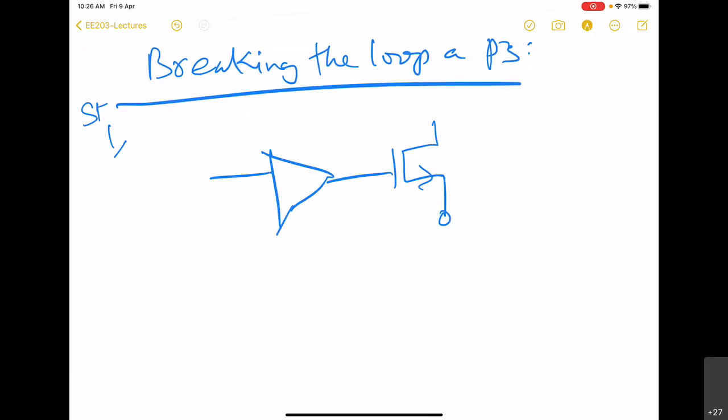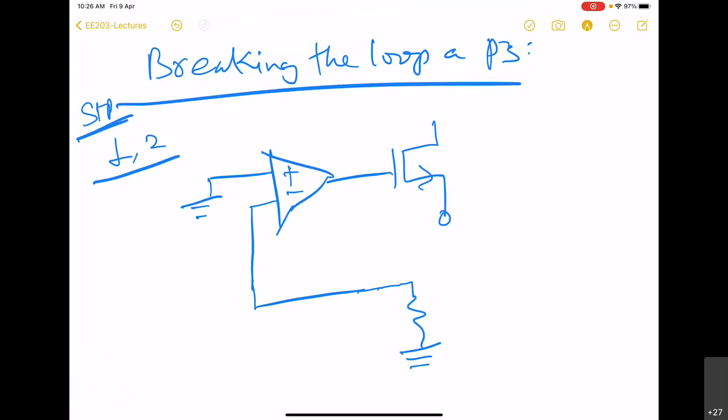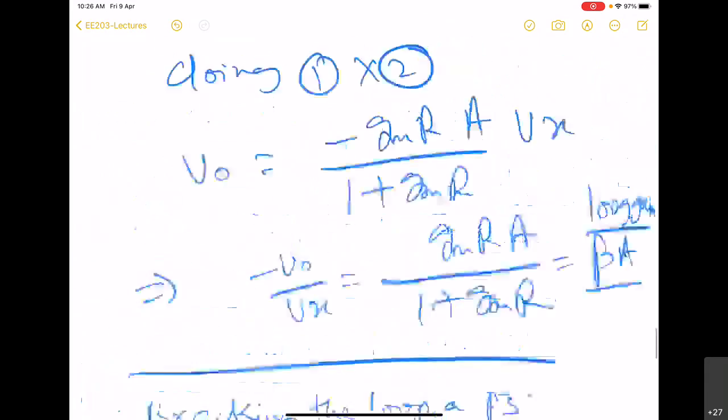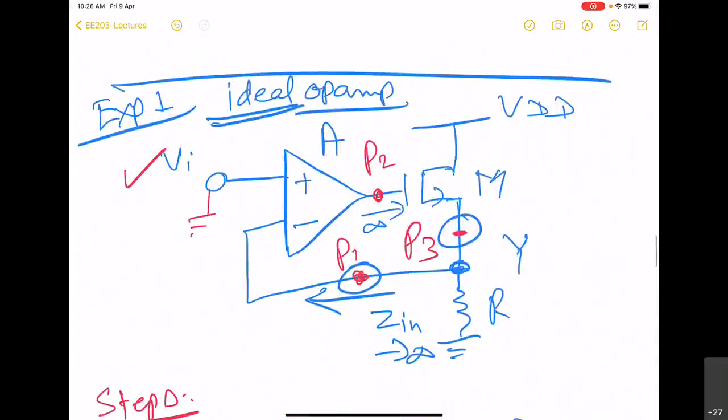Of course, for steps 1 and 2, the load resistor now comes here. So here we see that looking from the source towards the load, the input impedance is not infinite.